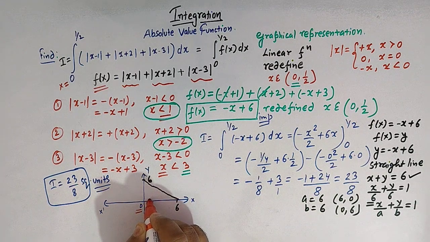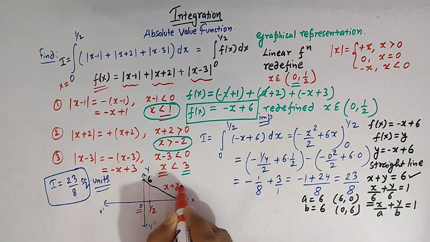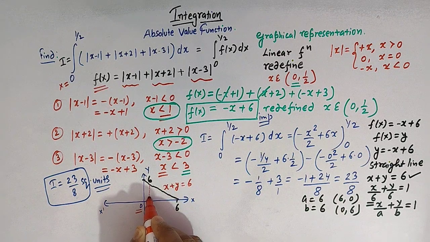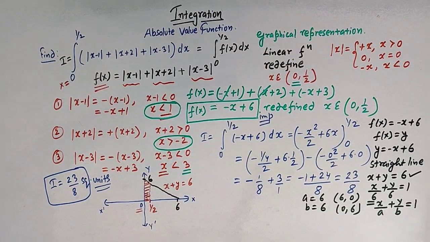So if we join this line, then we'll get this dotted line, right? And now the area is this area, right? So we have to find the area of this shaded region.